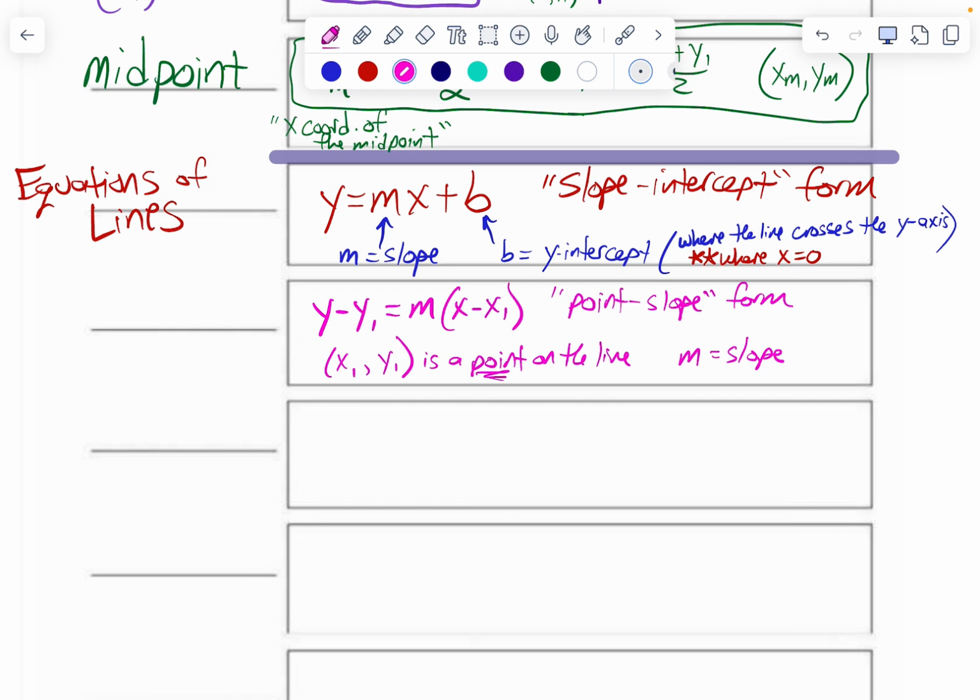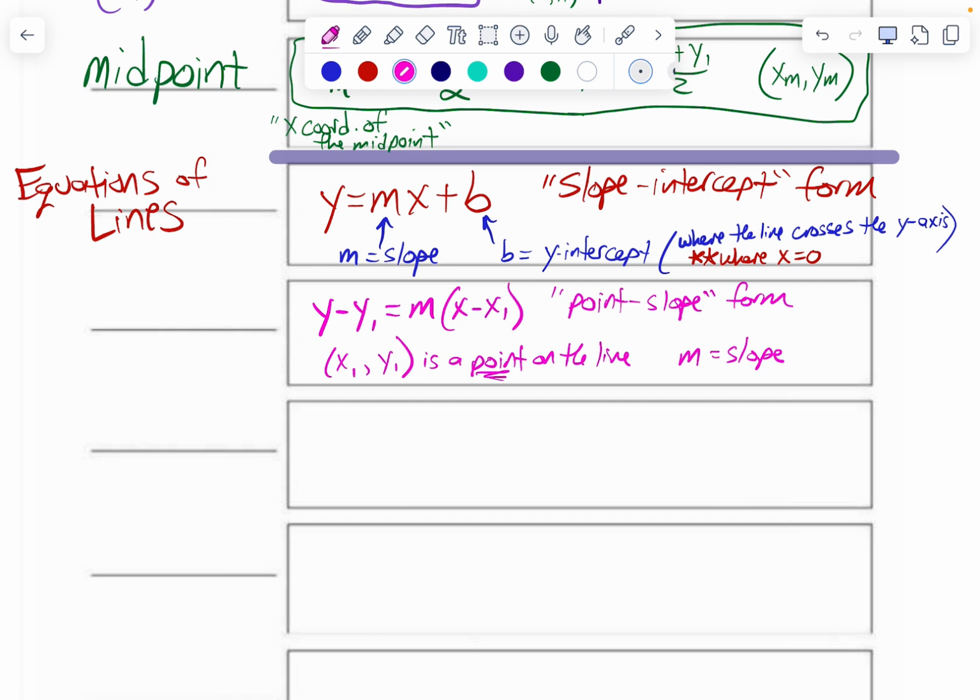If I said write an equation in slope-intercept form, what would you need to find in order to do that? The slope and the y-intercept, right? Okay, the slope is the same for both of these, but this is why I like the second one better usually.